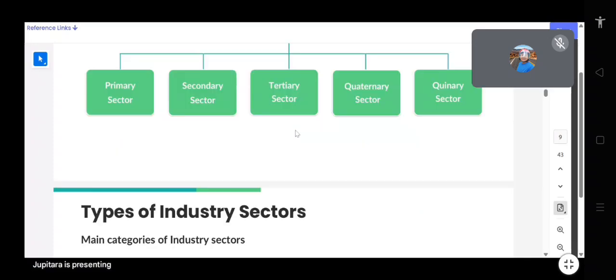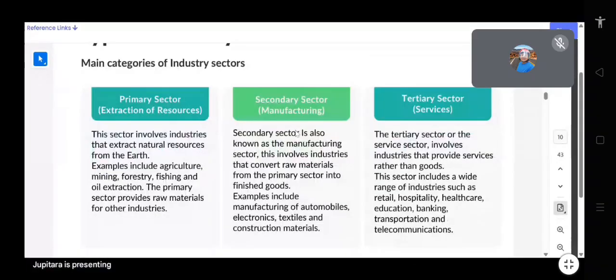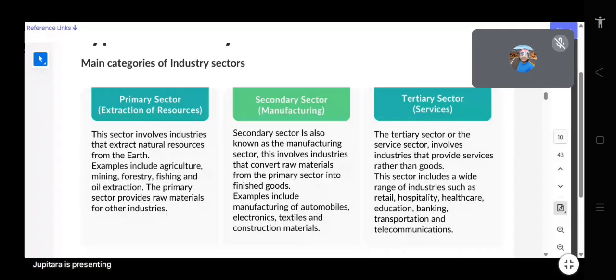The primary sector includes industries that extract natural resources like agriculture, mining, forestry, fishing, oil extraction. All these companies deal with agriculture production or cultivation or mining of coal, diamond or gold. All these kinds of mining come under your primary sector.